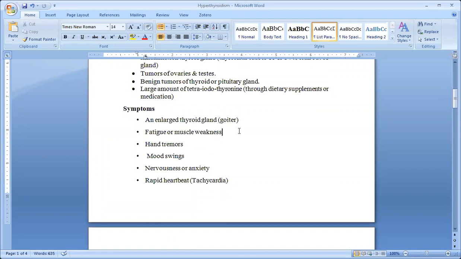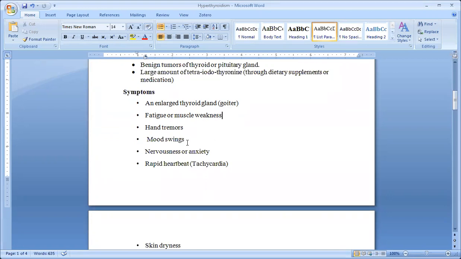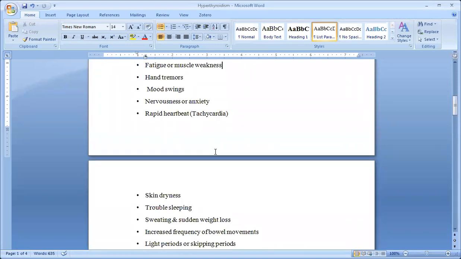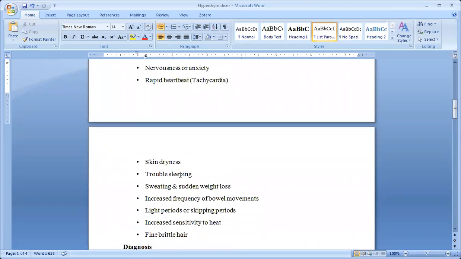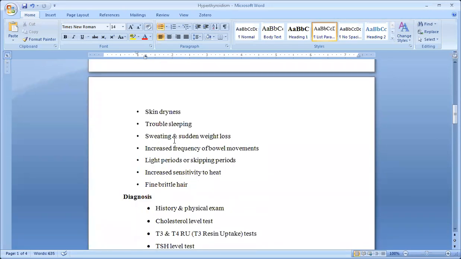Goiter, the enlarged thyroid gland, fatigue or muscle weakness, hand tremors, mood swings, nervousness, anxiety, tension, worry, tachycardia, rapid heartbeat or increase in heart rate, skin dryness, trouble in sleeping, sweating, sudden weight loss, increased frequency of bowel movements, increased sensitivity to heat, fine brittle hair, and hair loss due to the brittle hair.